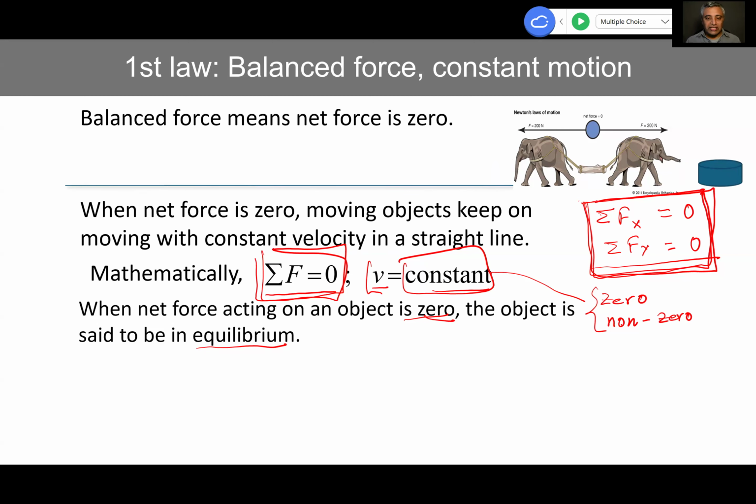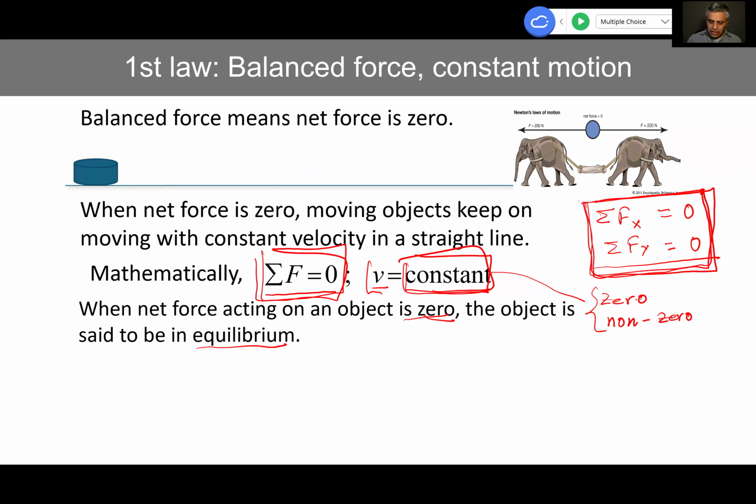So constant could be 0 or non-zero. When it is 0, that means the object is at rest. When the velocity is not 0, that means the object is moving. So this word constant accounts for both 0 and non-zero numbers, but those numbers are not changing. That's what constant means.